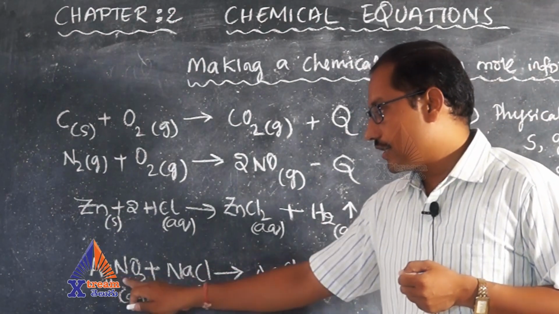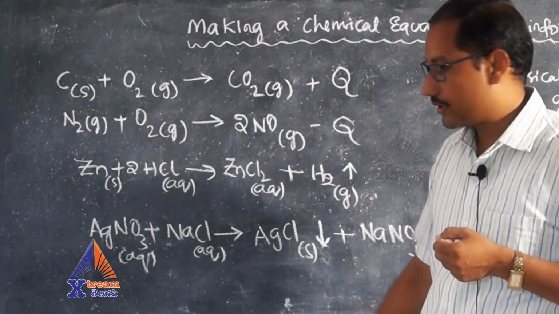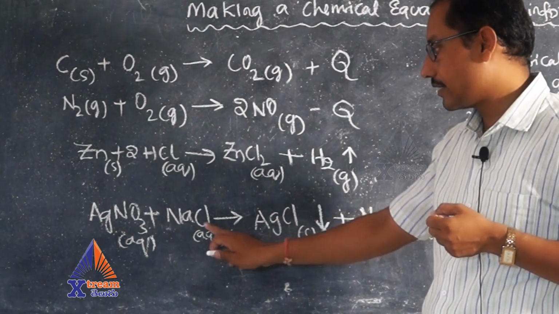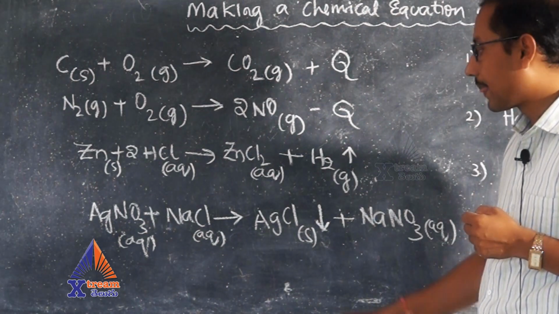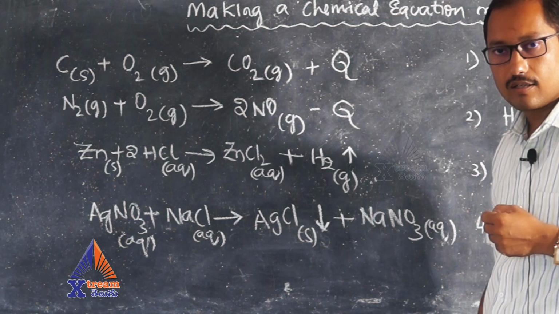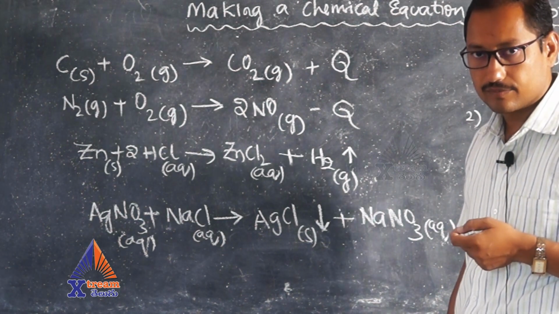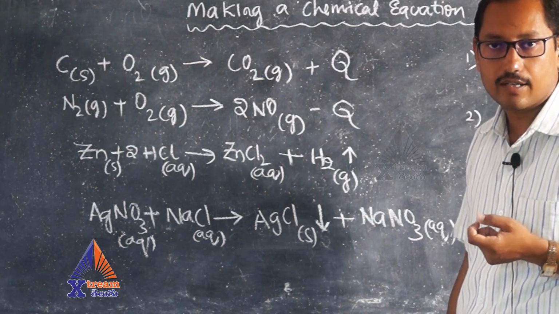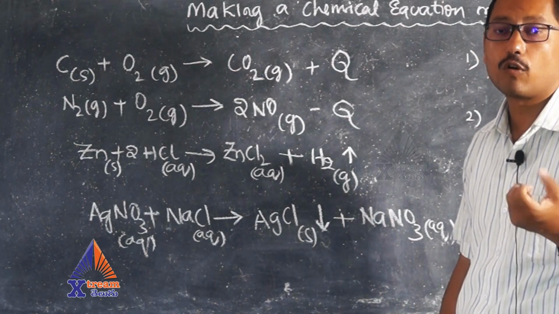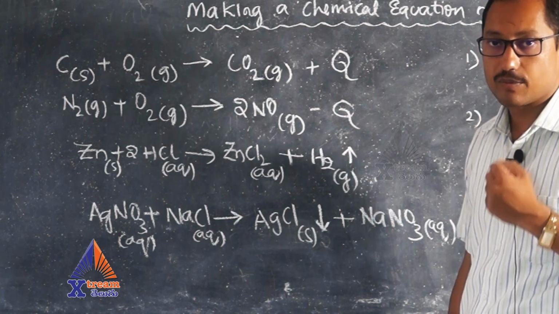Here AgNO3, silver nitrate, is an aqueous solution. NaCl is also an aqueous solution, that means they are considered along with water. Here AgCl, that is nothing but silver chloride, a solid, is formed here. Silver chloride is a solid which cannot be dissolved in water, so it gets precipitated.